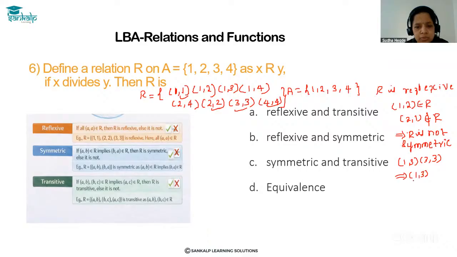Any other possibility? That's all. So R is transitive.